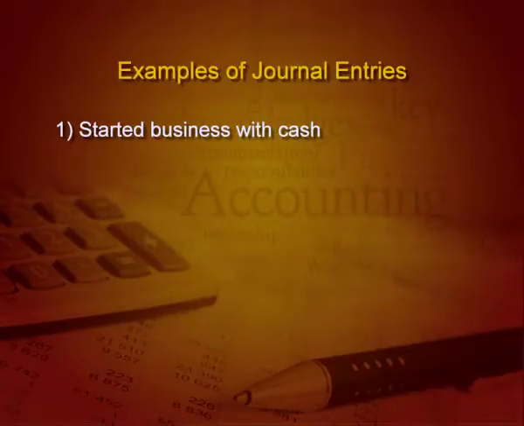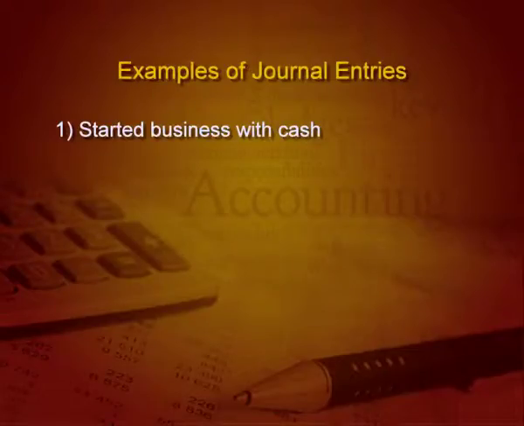Started business with cash. Now what will be debited? Cash, because in the rules I told you cash is an asset and an asset will be debited when it comes in. So cash account debit and capital account credit, because it is increasing your capital.